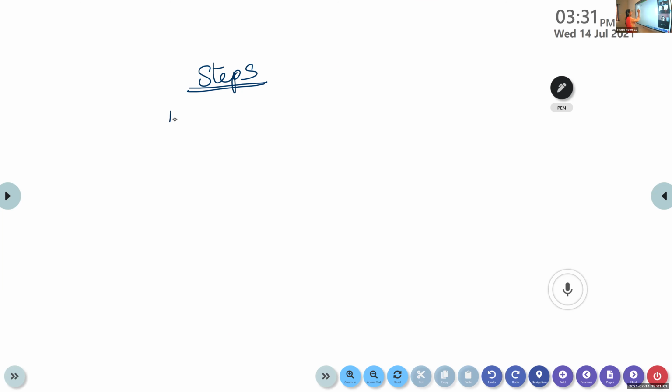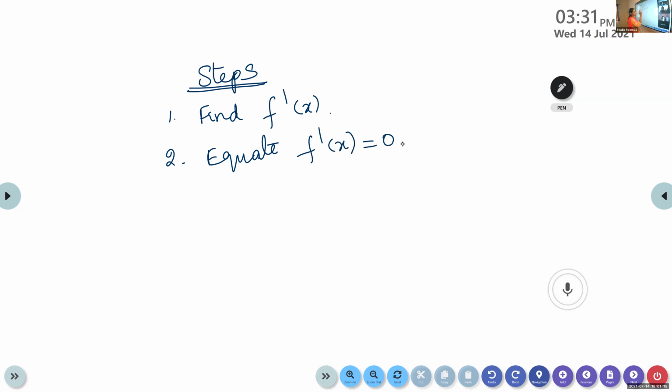So what are the steps? The first step is to find f dash of x. The second step is to equate f dash of x to 0 and solve for x.